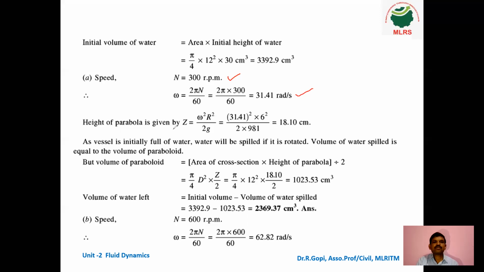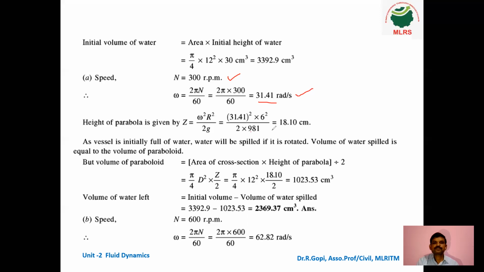So height of the parabola is given by z equal to omega square r square divided by 2g. Omega is 31.41, squared, r is 6 centimeter, squared, divided by 2 into 9.81. This is not 981, it is 9.81.